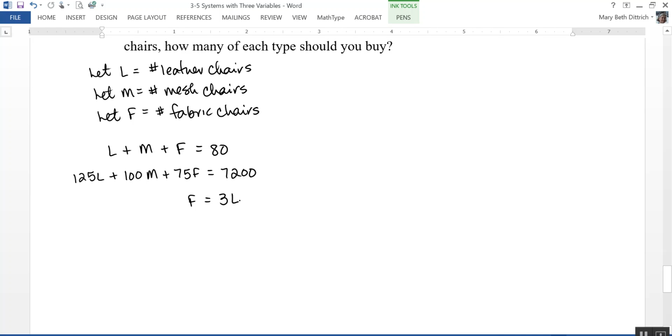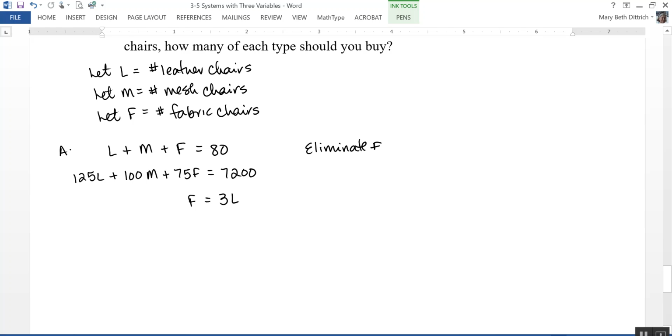Okay, so I think I'm going to start by eliminating F. In order to eliminate F, I am going to substitute. I forgot to label these. Let's label these.